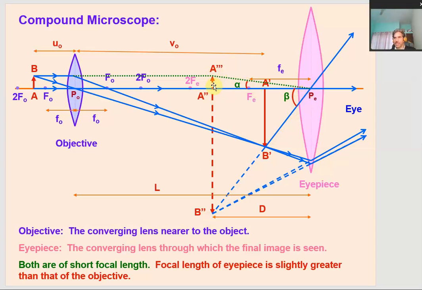We are assuming this object AB to be lying at the least distance of distinct vision. So when both object and image lie at the least distance of distinct vision, the ratio of their angles is called the angular magnification.